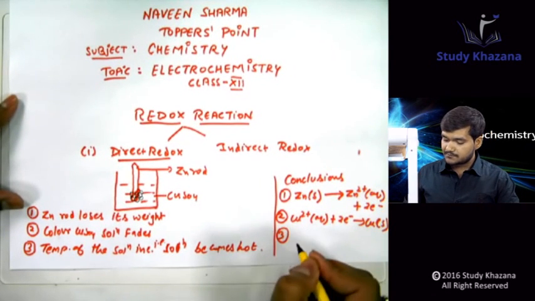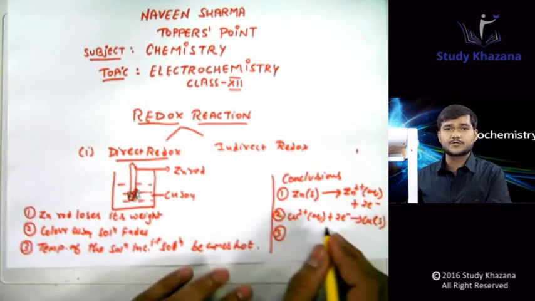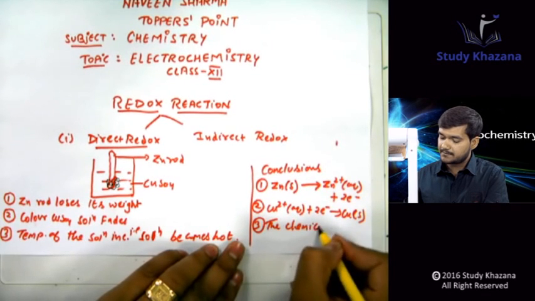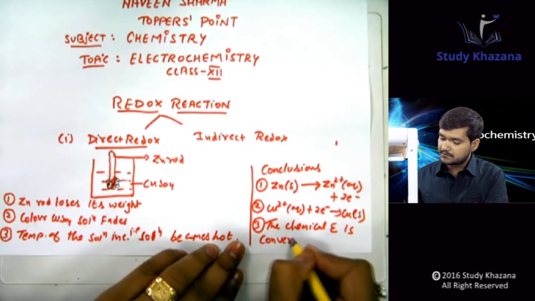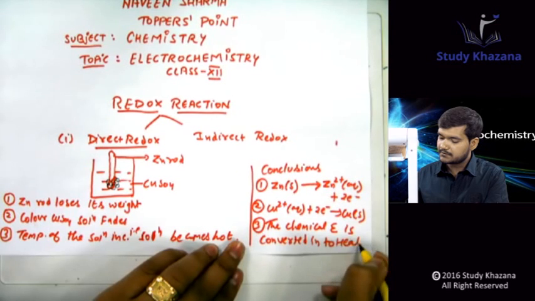Now the third observation is that the solution becomes hot. And why does the solution become hot? The chemical energy is converted into heat energy.